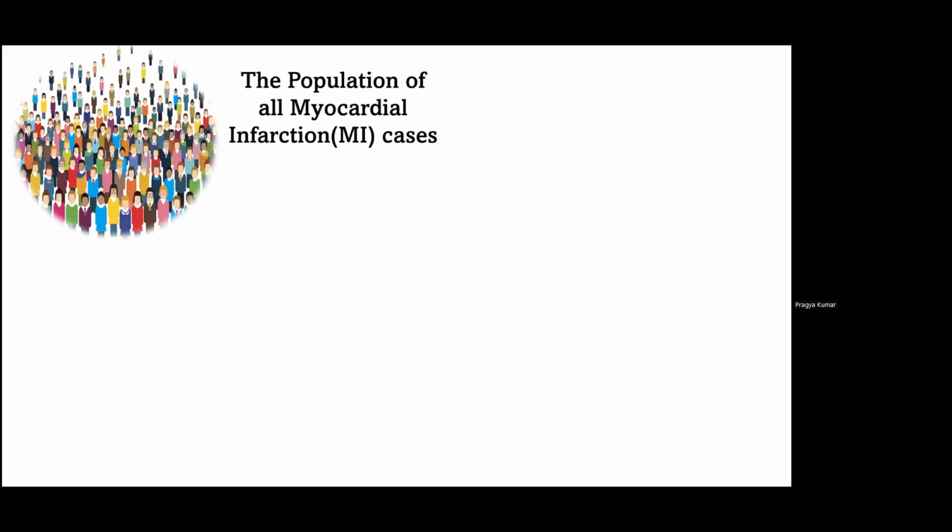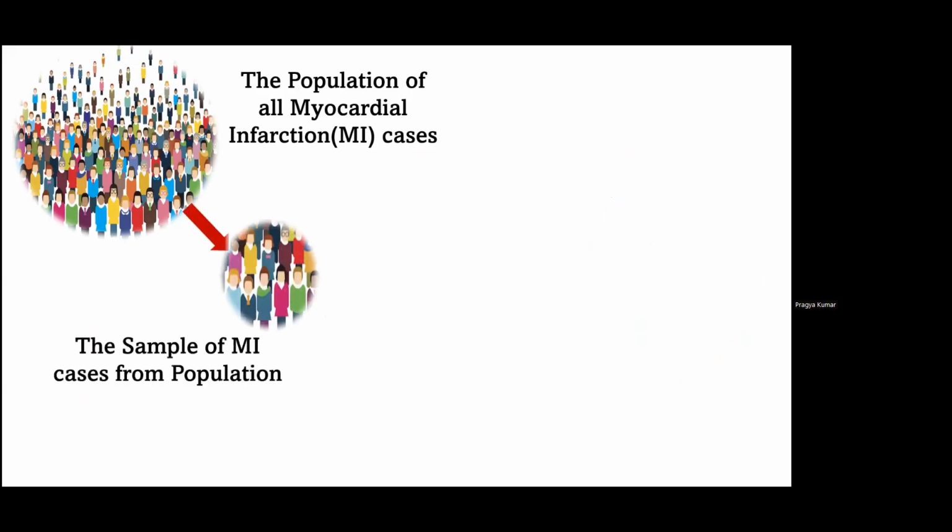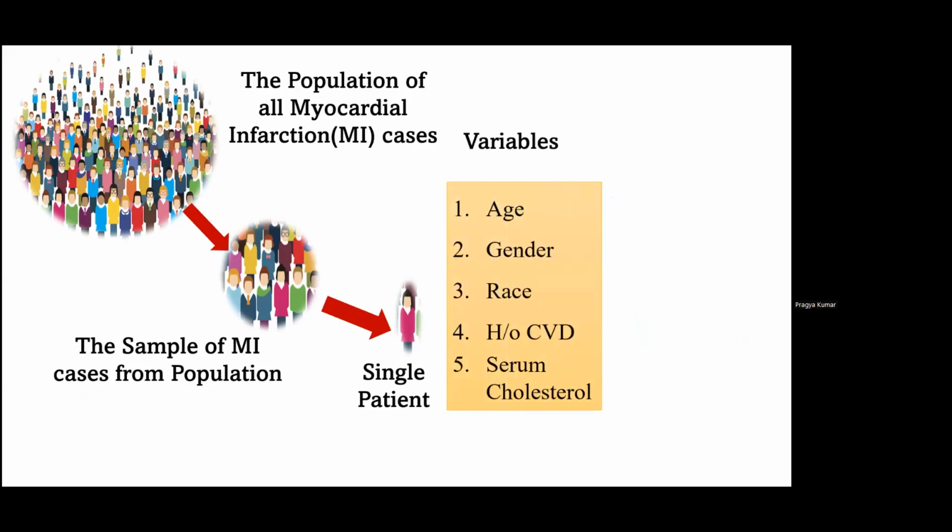Let's say I'm interested in myocardial infarction cases. This is the whole population of myocardial infarction cases, and I took a few samples; that's where the concepts of sampling, sample size, and how you collect samples from the population come in. Then you take a single patient and look at variables like age, gender, race, status of cardiovascular disease, and state of serum cholesterol.